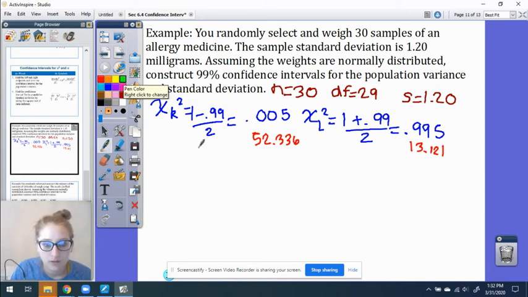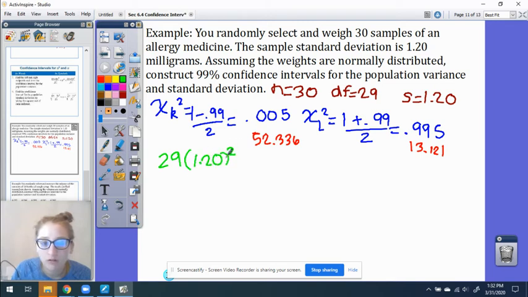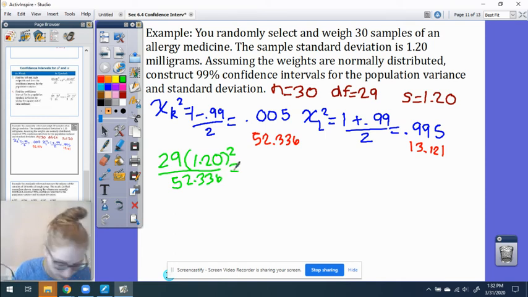Okay, so let's go ahead and do that. My degrees of freedom is 29 times 1.2 squared, all divided by 52.336. And that is going to give me 0.80.